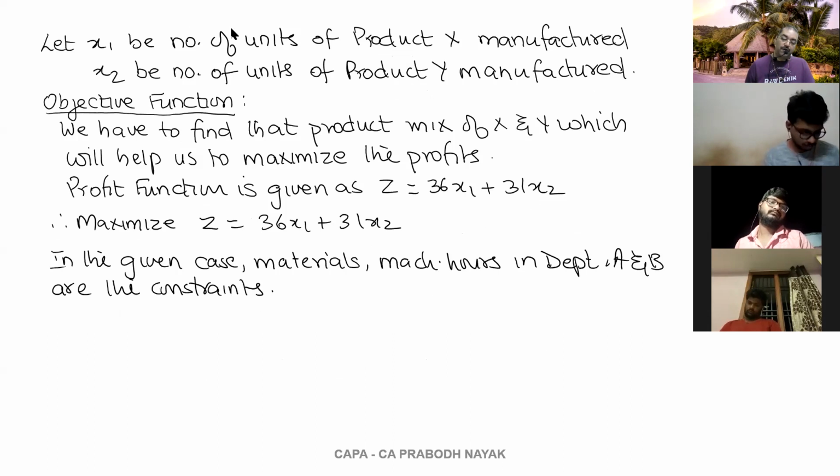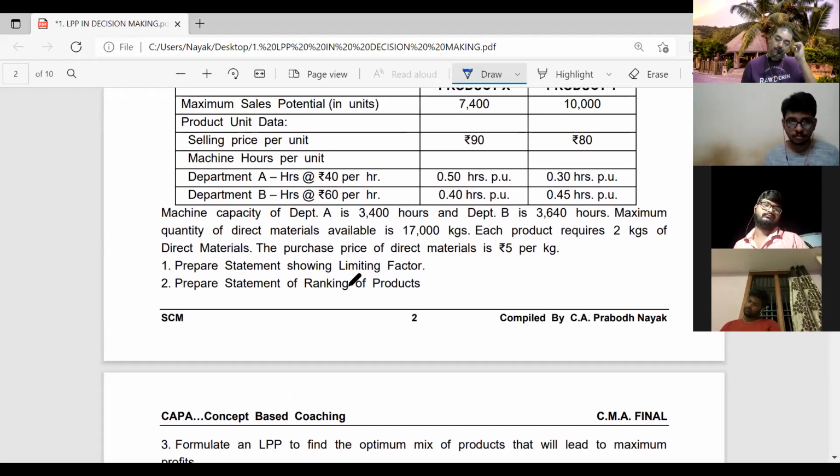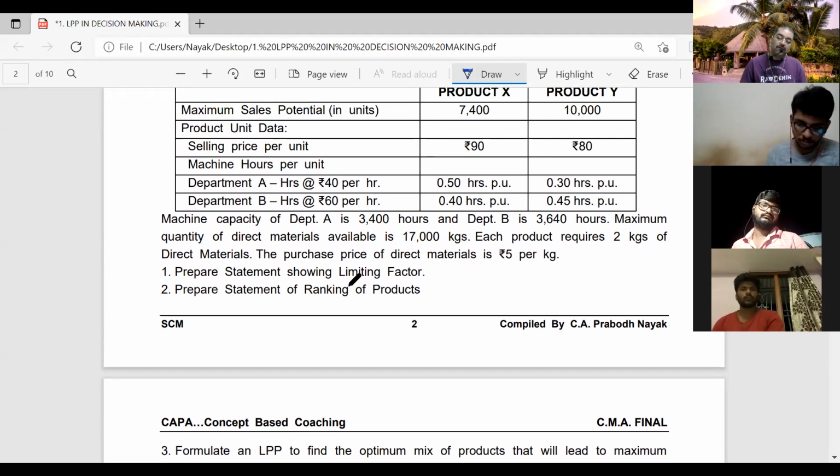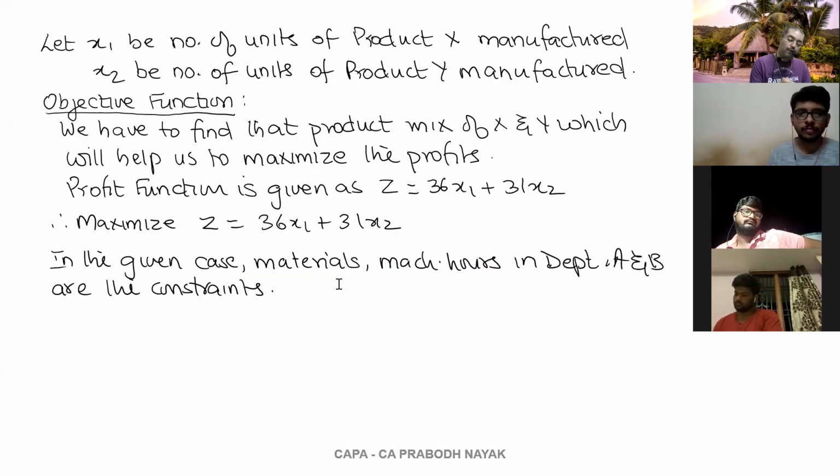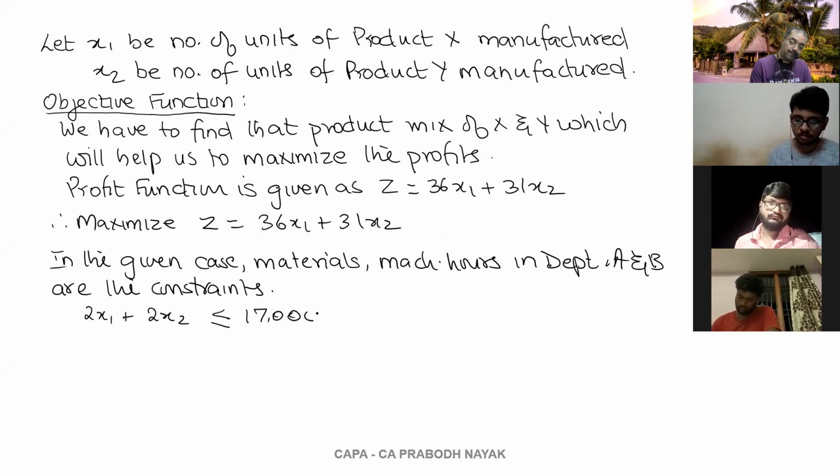If you take the question, we are told that maximum direct materials we have is 17,000 kgs and we require 2 kgs for each of the products per unit. So I will have 2 into x1 plus 2 into x2 less than or equal to 17,000. This is for material.